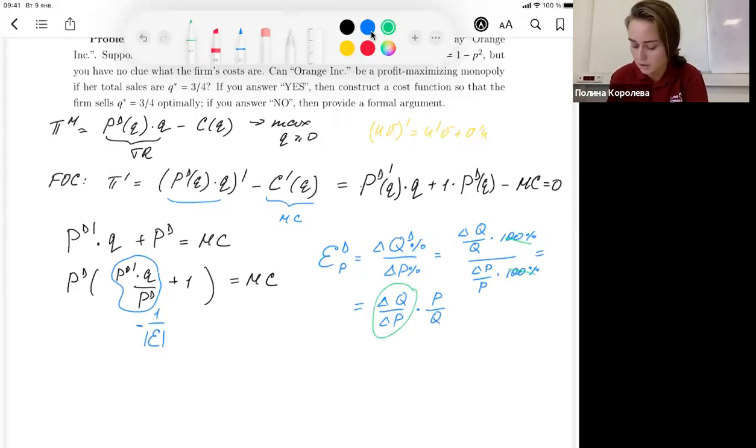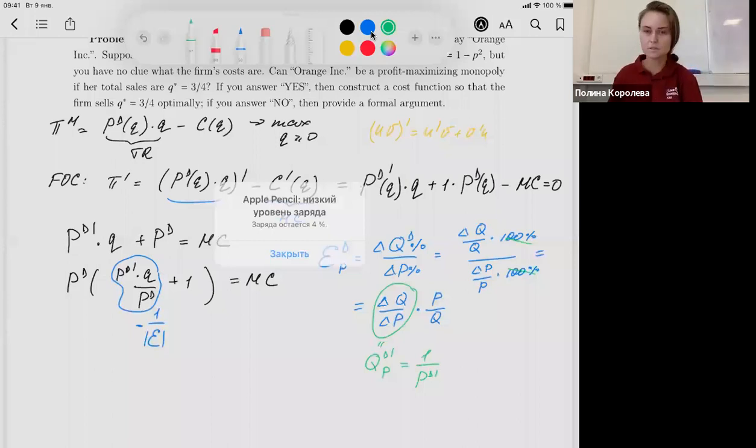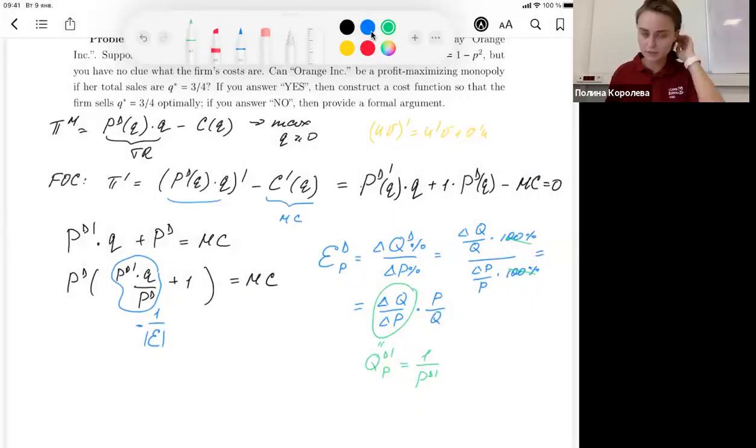So here we'll have the derivative by price of the demand function, or 1 over the derivative of the inverse demand function. It's the same from calculus. And here in our brackets, this is the reverse definition of elasticity.